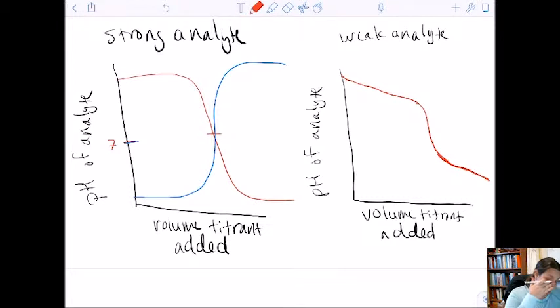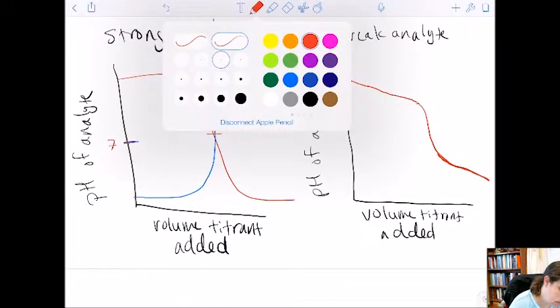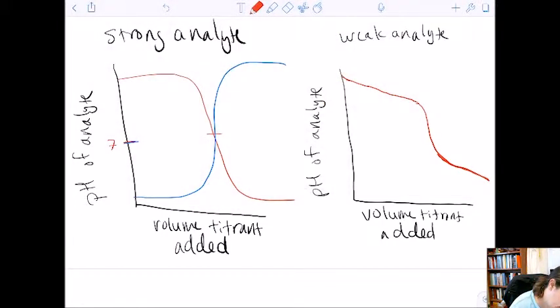And if you have a weak base, strong acid, this pH is going to be less than 7, so it'll be like 6 or something like that.